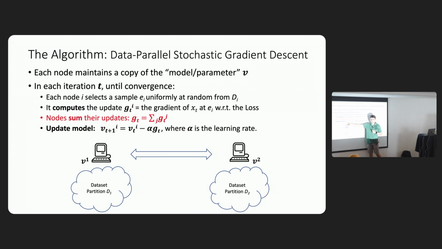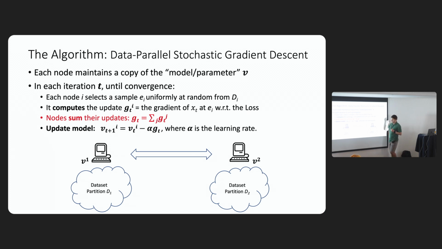Notice I've switched the name from X to V for a very good reason, because they compute this update locally. This could be different at every node. And then they will update their view of the system based on the previous view minus learning rate times the gradient, okay? Where alpha is the learning rate.